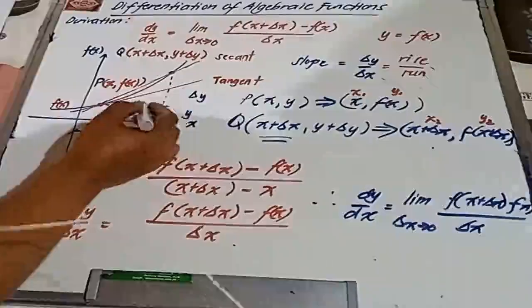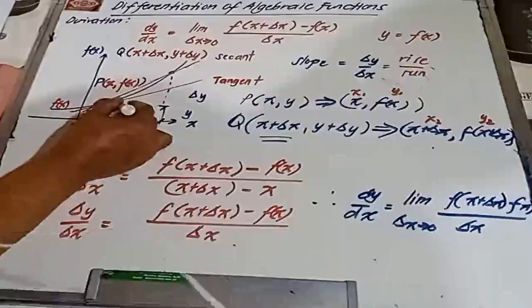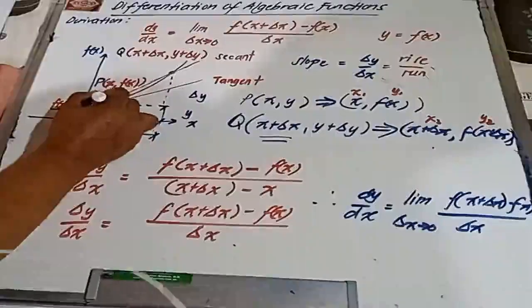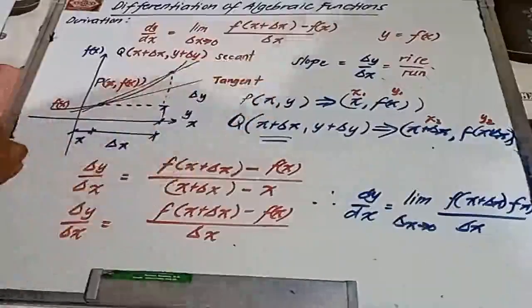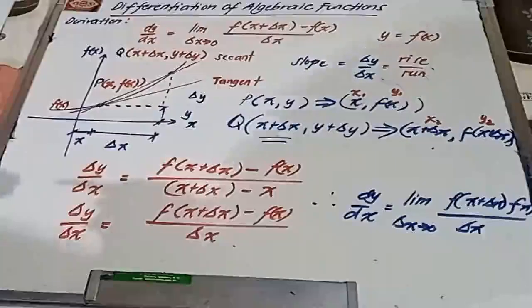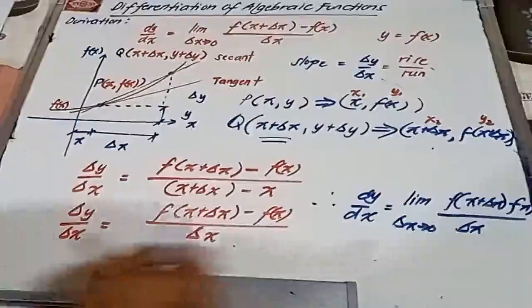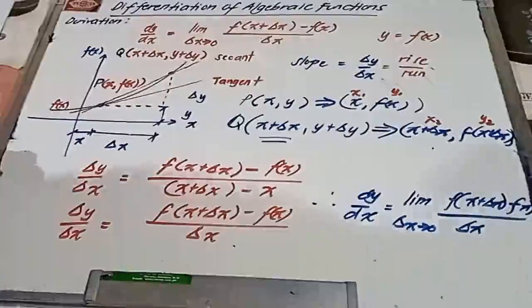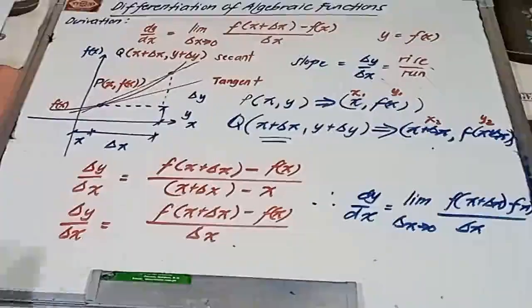Kasi ang tinutukoy natin, ito si delta x papunta sa 0. So, ibig sabihin, tinutukoy na natin itong point na to. Yun yung line na tinutukoy mo. At yun na yung slope of the tangent line. At yun na rin yung tinatawag natin derivative of the function. So, therefore, yun yung simple derivation of the formula in finding the derivative of the function using the concept of limit. So, thank you.